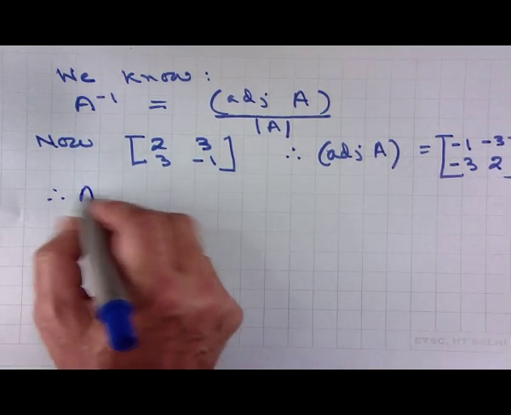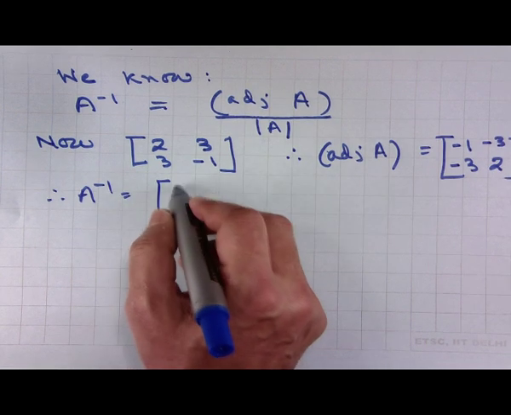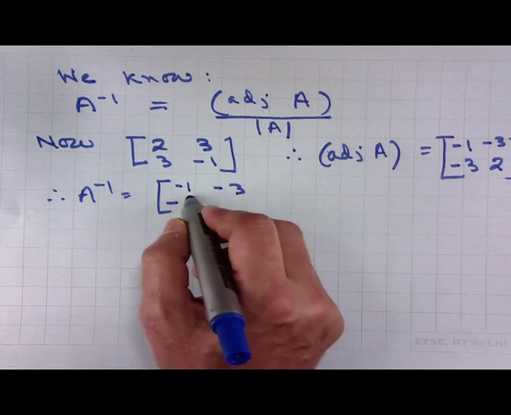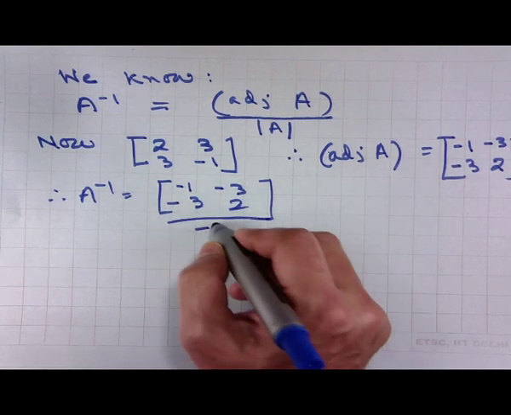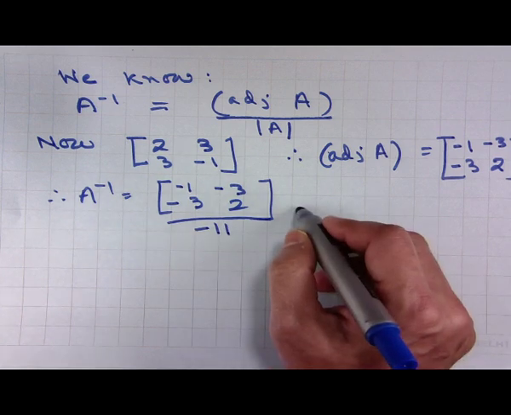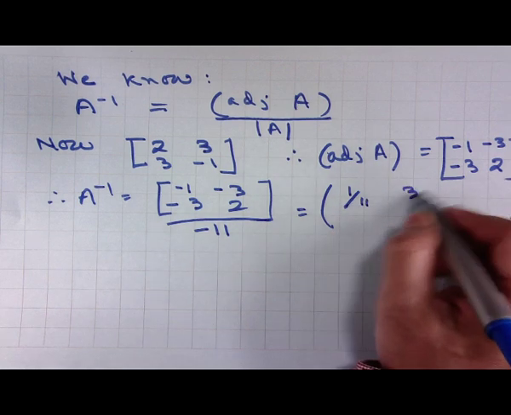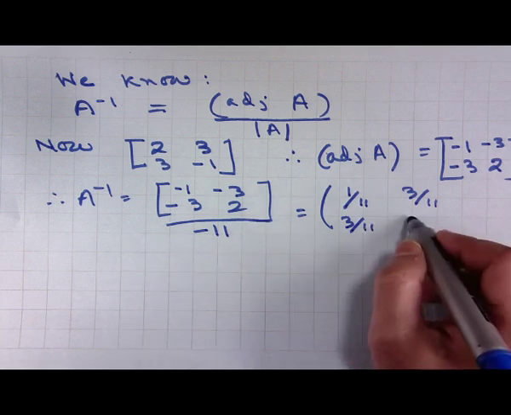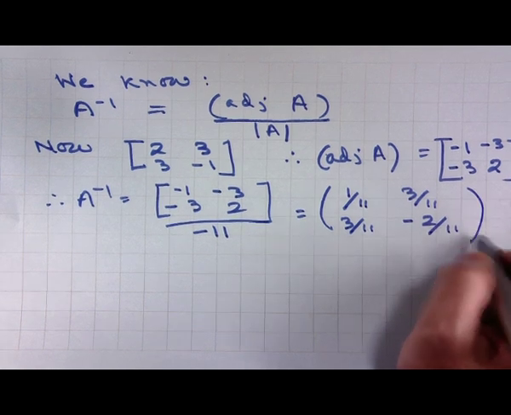Therefore, A inverse is equal to [−1 −3; −3 2] upon −11, which is [1/11 3/11; 3/11 −2/11].